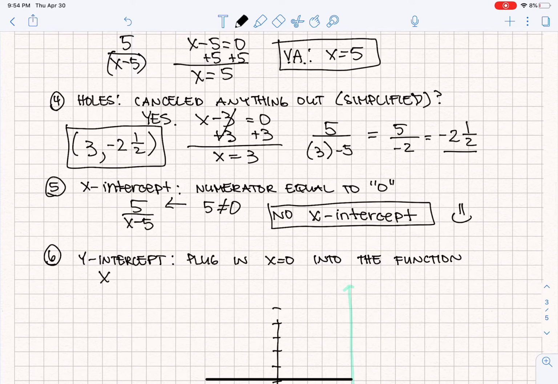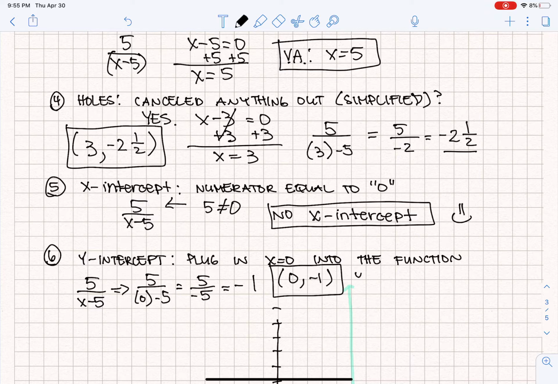Our simplified function is 5 over x over 5, and we're going to plug in 0. So here, 5 divided by 5 is 1. Okay, so when we plug in x equals 0, we get negative 1. Okay, so this is our y-intercept. It is at y equals negative 1. Okay, we could write that as an ordered pair.